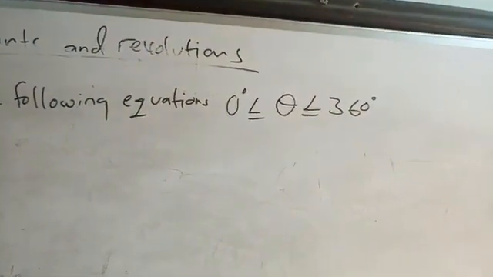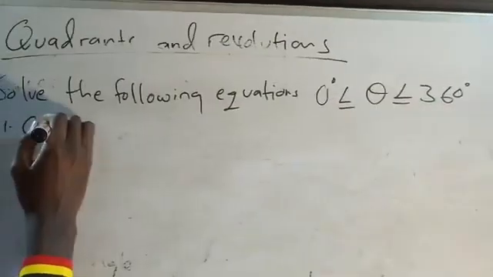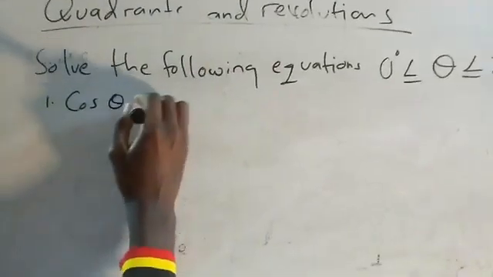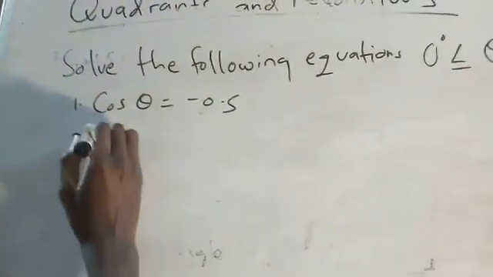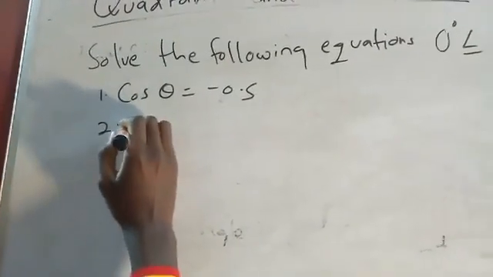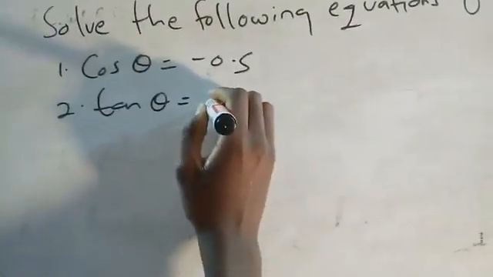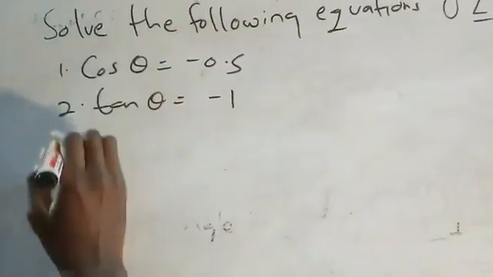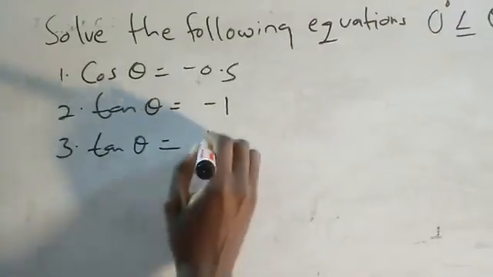Number 1 is cos theta equals negative 0.5, number 2 is tan theta equals negative 1, and number 3 is tan theta equals 1.